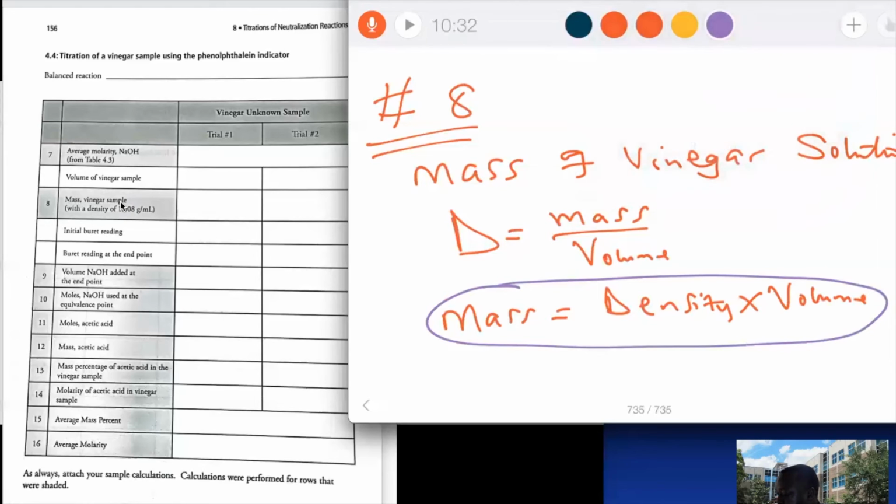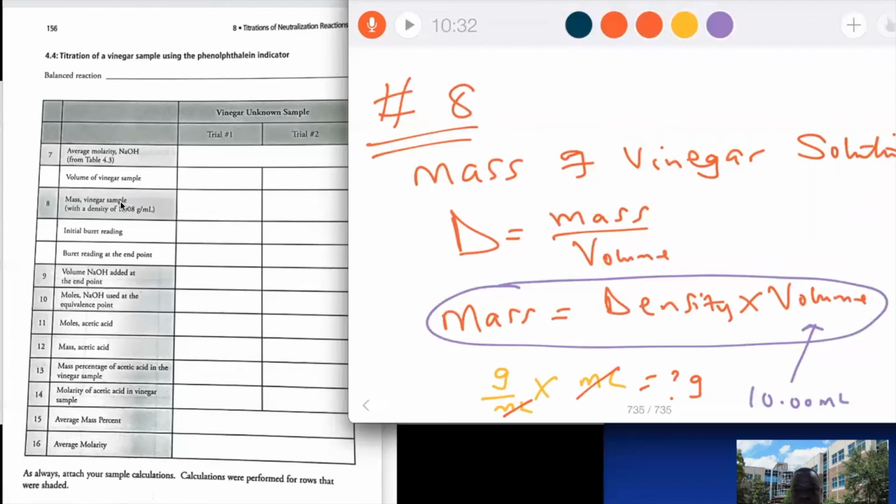And remember, the volume here is 10.00 ml. The density is in grams per ml, times ml, so the units cancel and you will remain with grams of your solution.